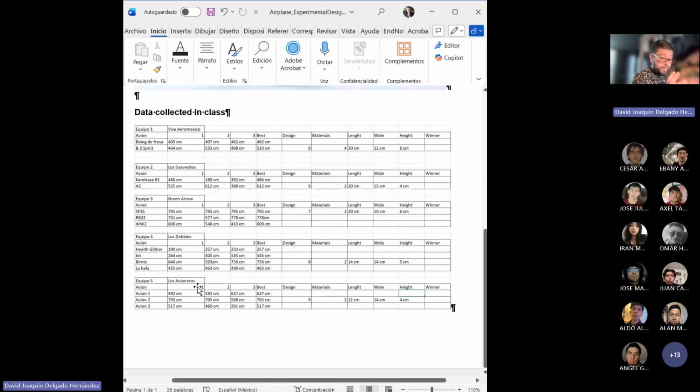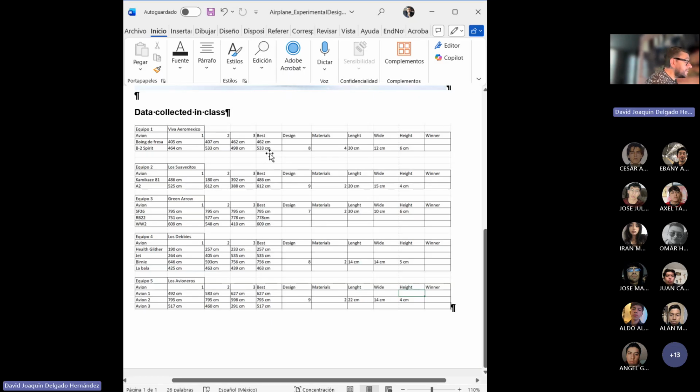Each team had two, three, even four different airplanes, right? So the first team had the Boeing de Fresa and B-2 Spirit, and so on. And these are the measures that we took physically in the classroom last week. So the best airplane for Team 1 was B-2 Spirit.